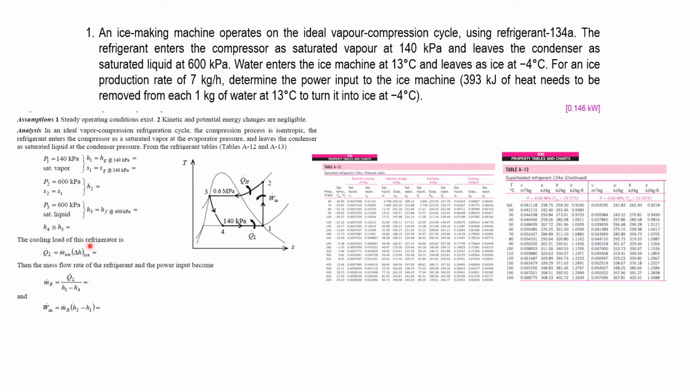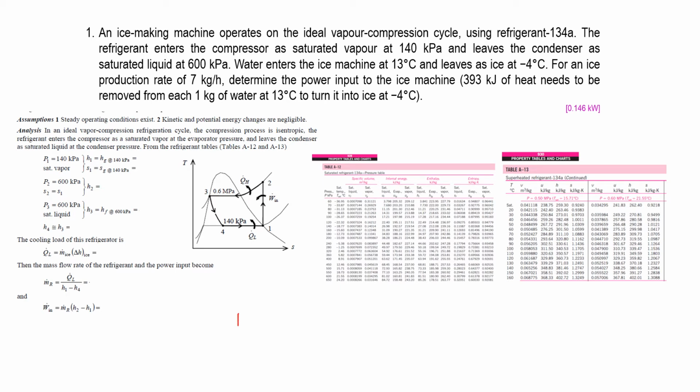But our mass flow rate of ice given here is 7 kilograms per hour. Now bear in mind we need to change this into SI units. So before you substitute this here, you need to change this to kilograms per second. So how will you do that? 1 hour.